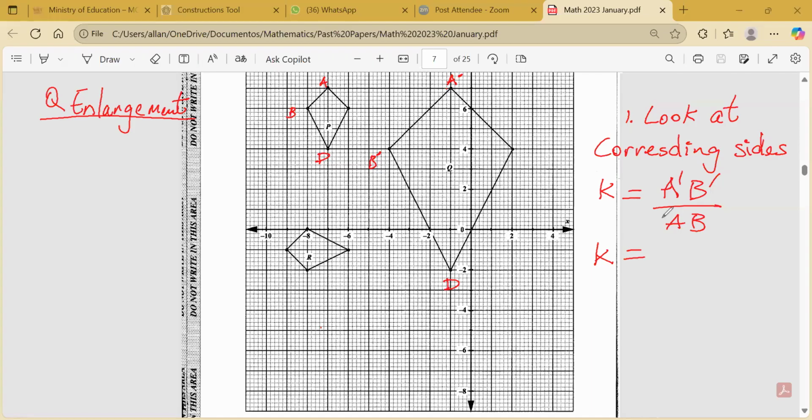So D will be B prime D prime, the length of B prime D prime, over the corresponding length BD.